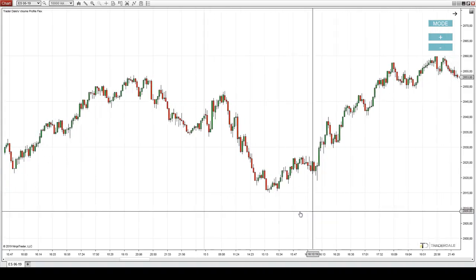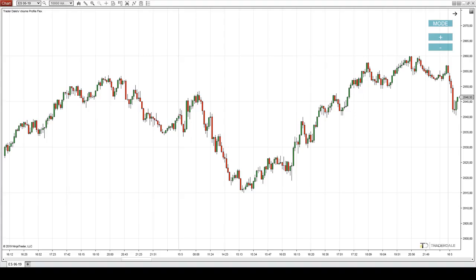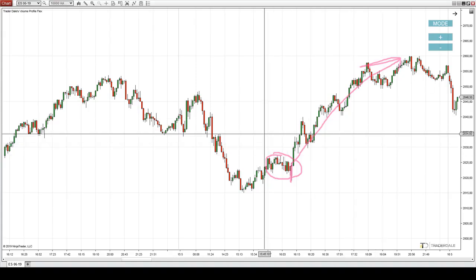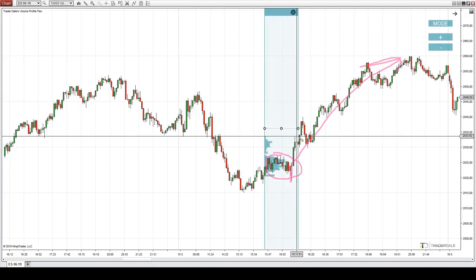The next volume accumulation setup which I see here is this one, this rotation, nice rejection of lower prices, which is a confirmation of the buyers, afterwards strong buying activity. So let's have a look at the volumes within the rotation.